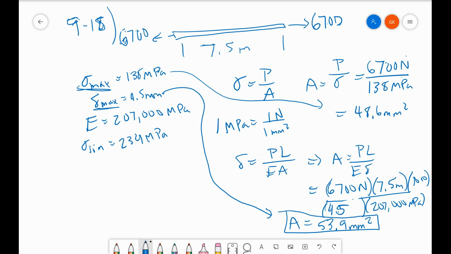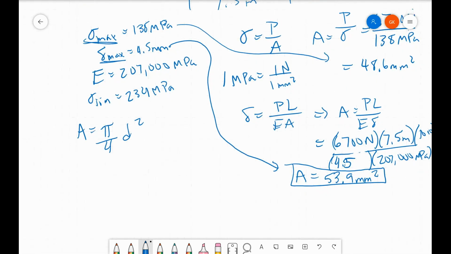So now I just use the area of a circle to figure out what the diameter is. So the diameter is going to be related through this equation. I have the area of a circle is equal to pi over 4 d squared.